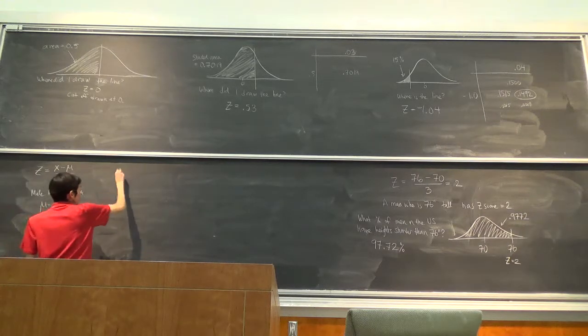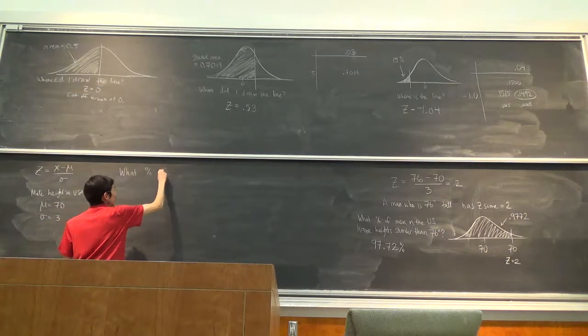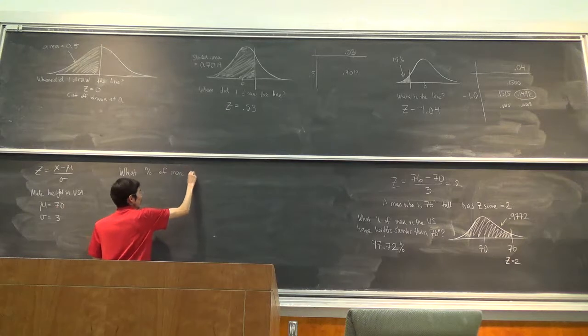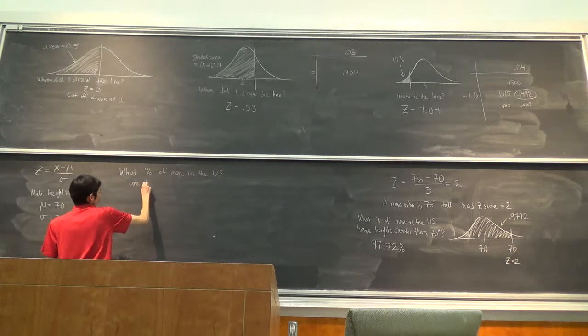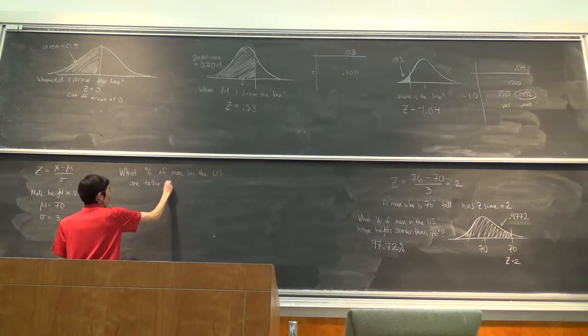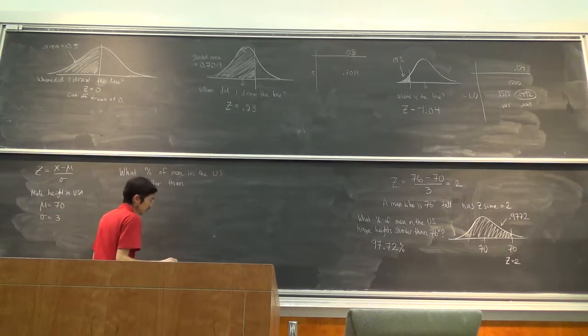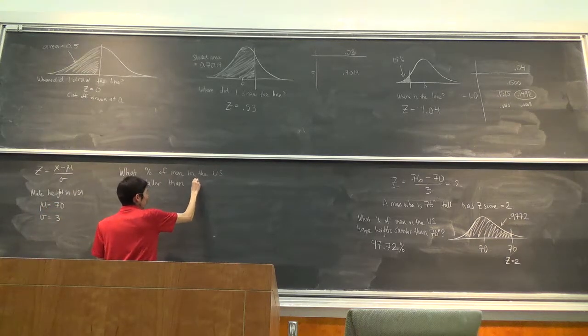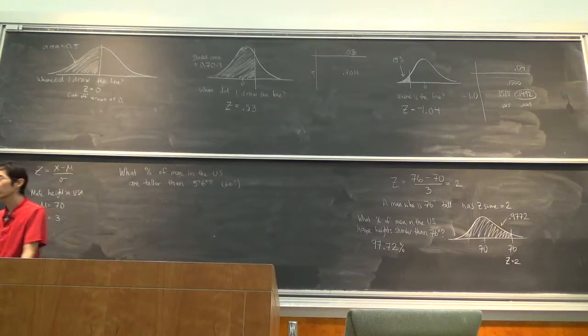So I'm going to ask, what percent of men in the US are taller than, let's say, 5'6". Okay, so that's 66 inches. What percentage of men in the US are taller than 66 inches?